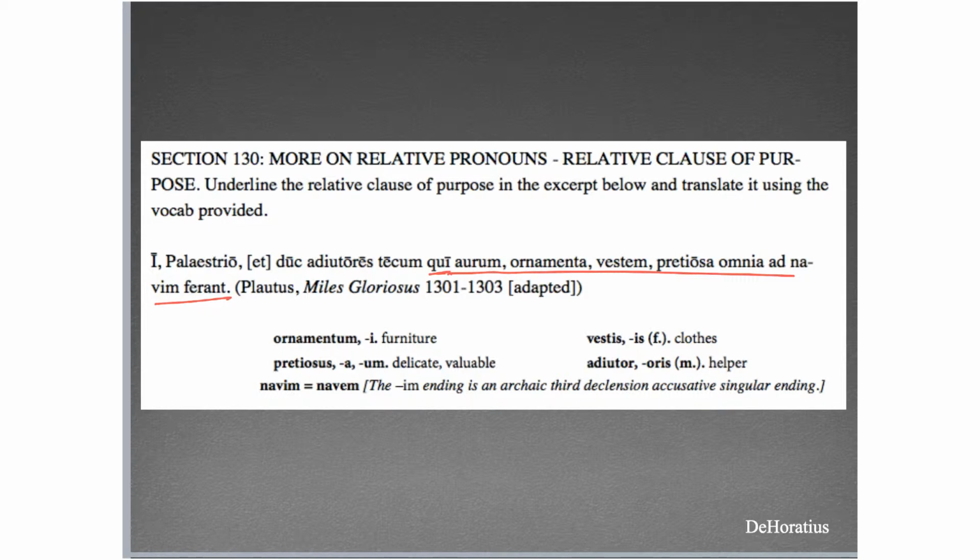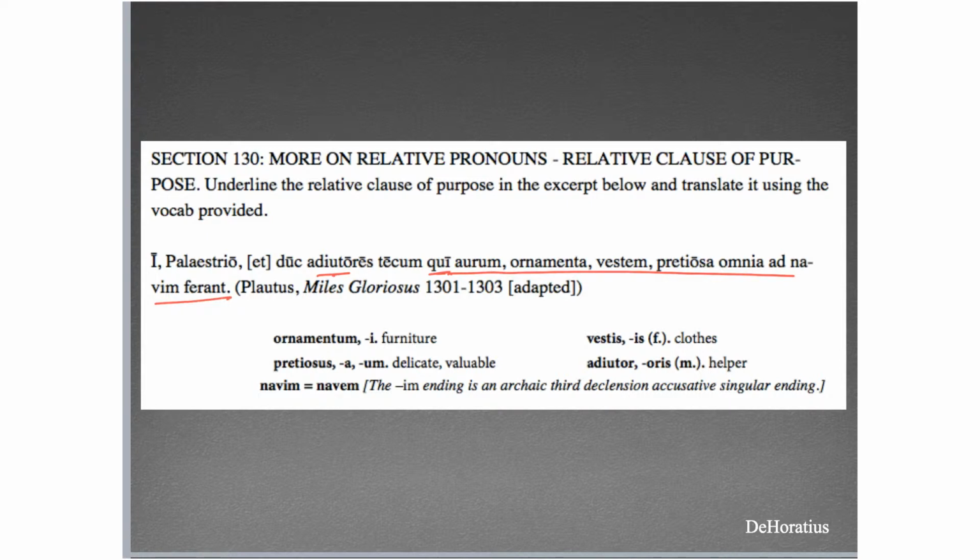So go, Palaestrio, and lead the helpers, the adjutores. All right, and bring the helpers with you. And so the helpers who are to carry all the stuff, the gold, the ornaments, the decorations, that's not quite the right word, the clothes, all the expensive stuff to the ship.